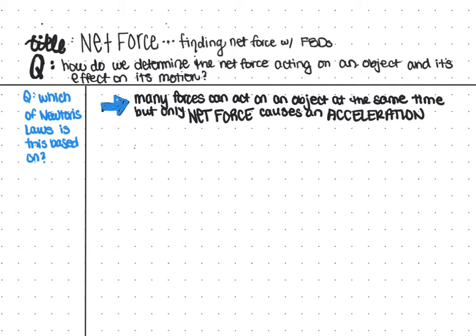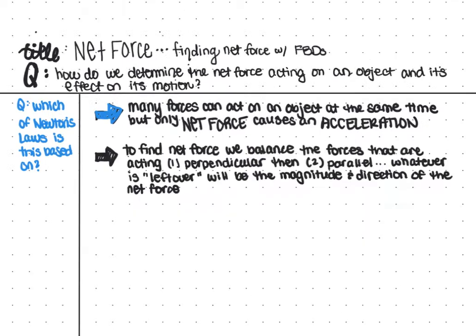We're going to consider the perpendicular forces, or the vertical forces, acting on an object and balance those with each other. And then we'll do the same thing with the forces that are parallel to each other and balance those out. Whatever is then left over should indicate both the magnitude and the direction of the net force.